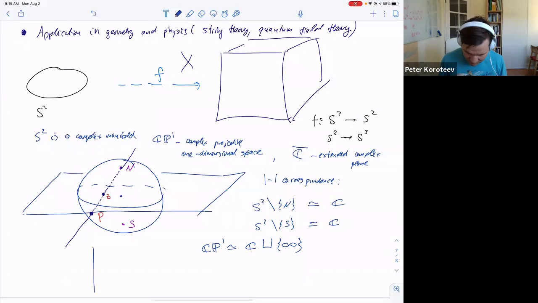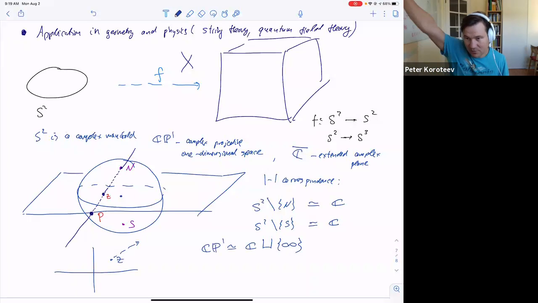If you are in a complex plane, you have Z, and then what happens if you move Z away from the origin as far as it goes? You go to this complex infinity. In the complex world, there's only one infinity. Unlike the real line, where you can have plus infinity and minus infinity.